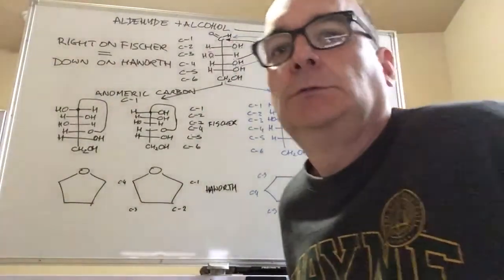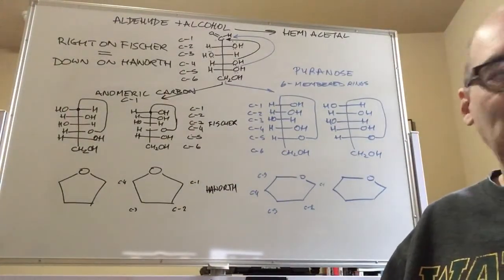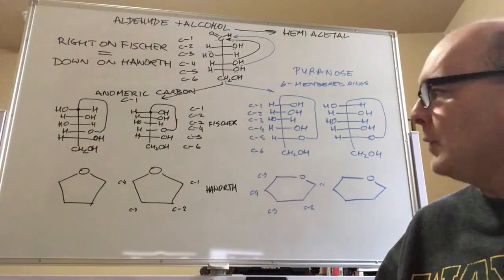If you point to the right of a Fischer projection, you will point down in a Haworth projection.